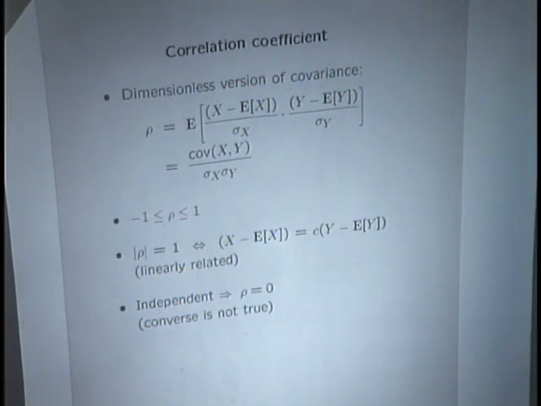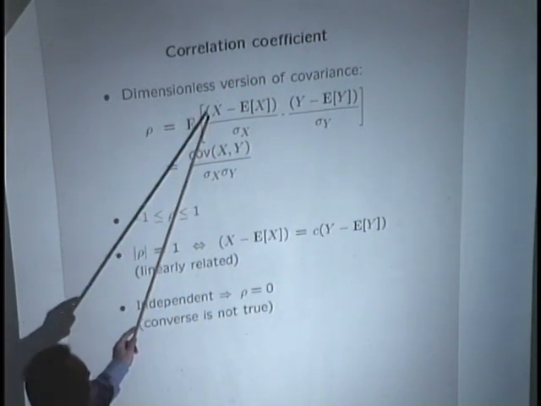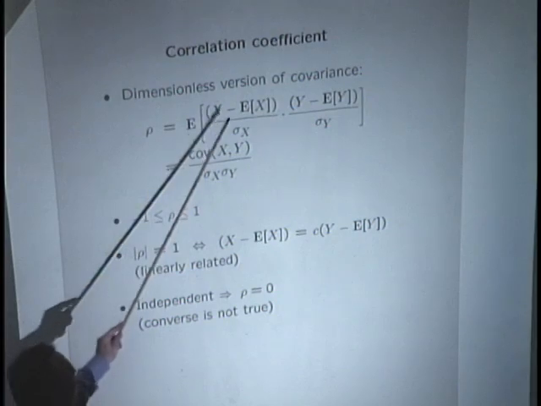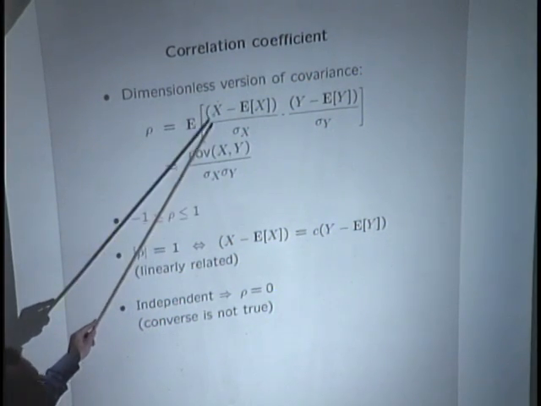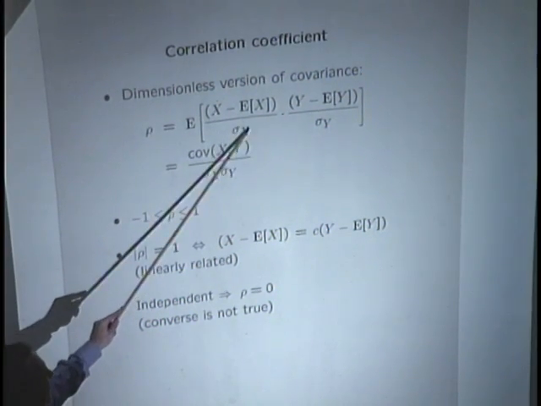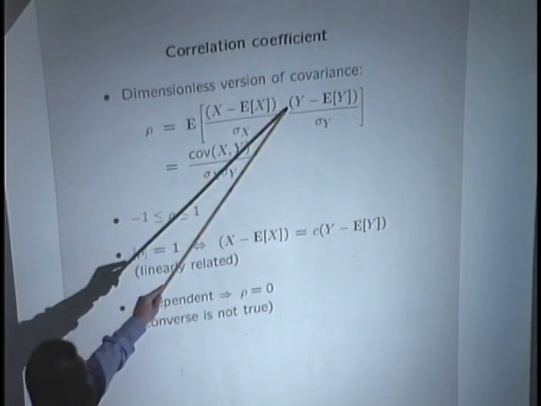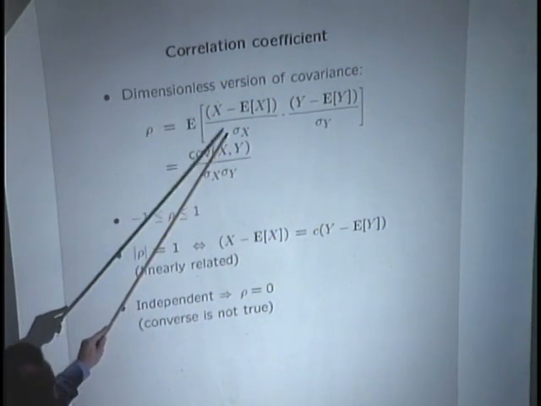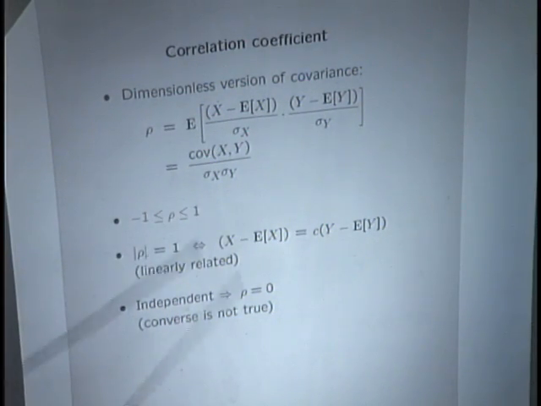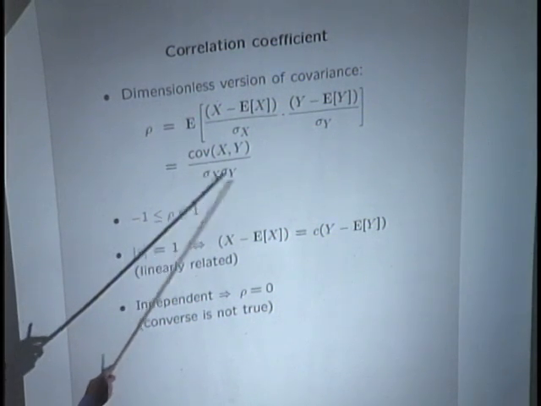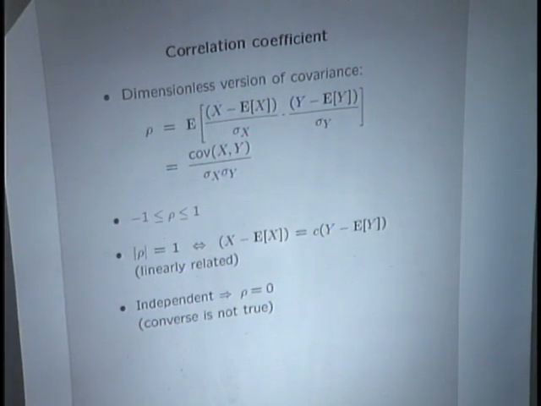So instead of considering the covariance of just x with y, we take our random variables and standardize them by dividing them by their individual standard deviations and take the expectation of this. So what we end up doing is the covariance of x and y, which has units that are the units of x times the units of y, but divide by the standard deviations so that we get a quantity that doesn't have units.